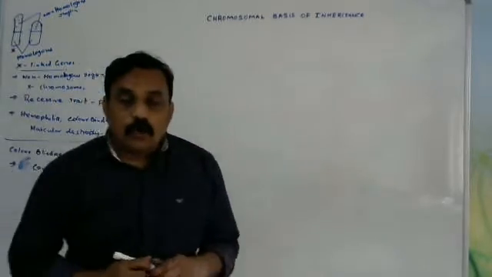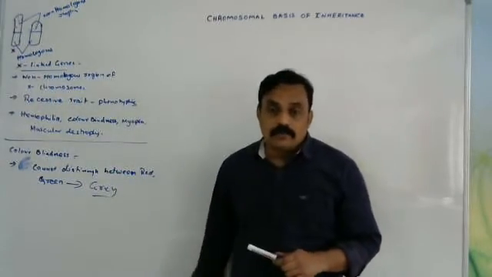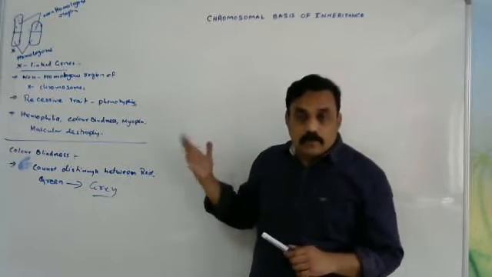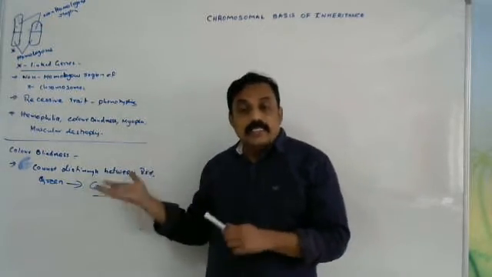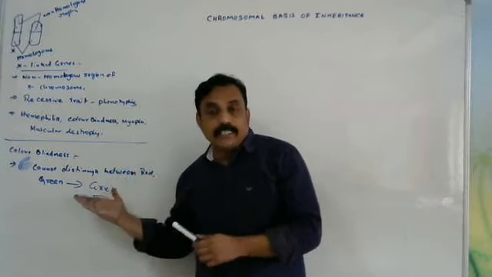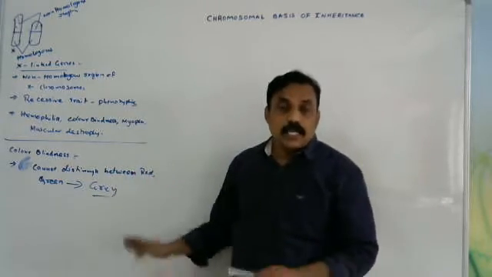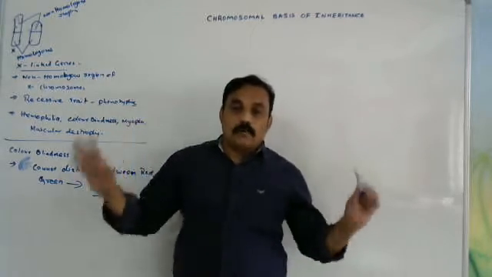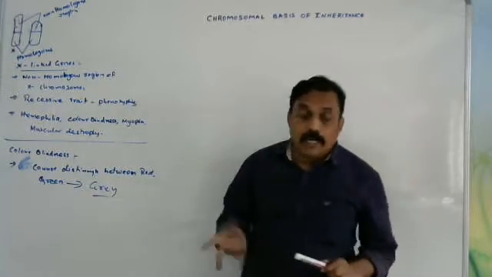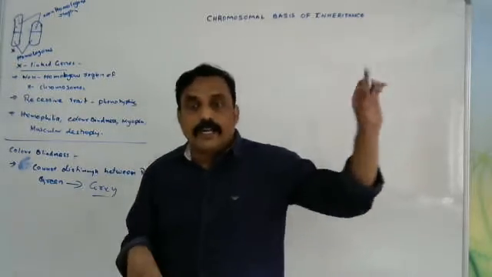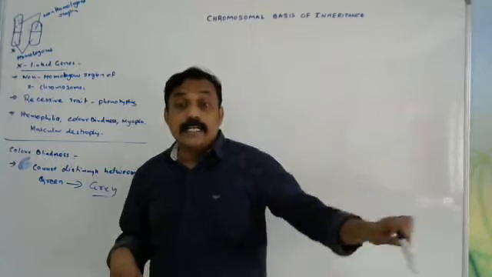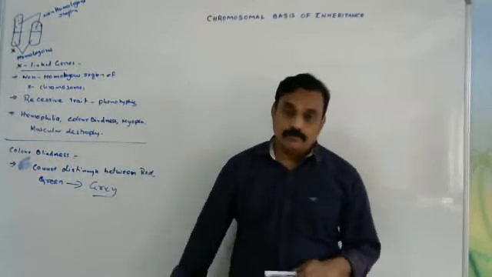Why? Those who suffer from color blindness: it is caused by recessive traits of X-linked genes. We'll discuss that. But those who suffer from color blindness cannot distinguish between red and green color. These appear like gray color for them.